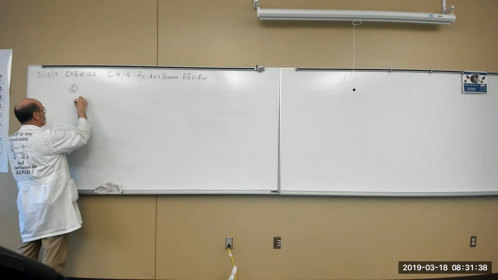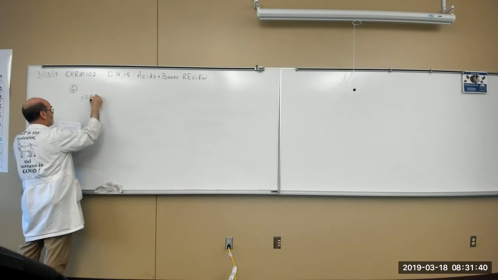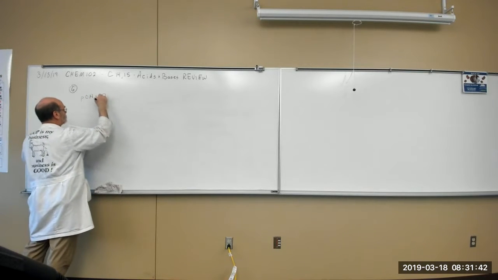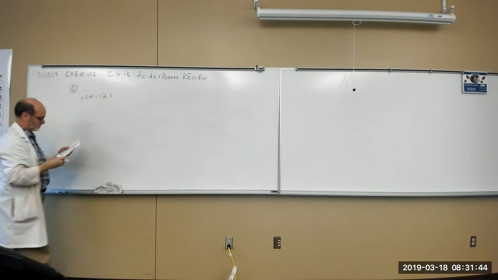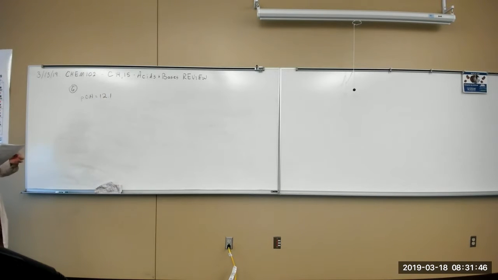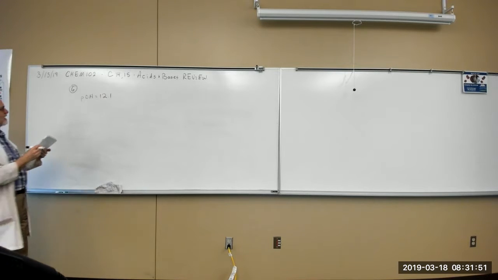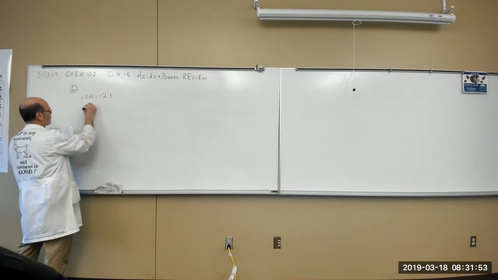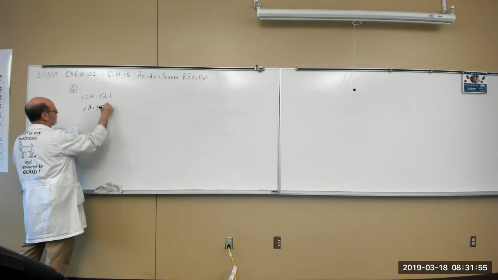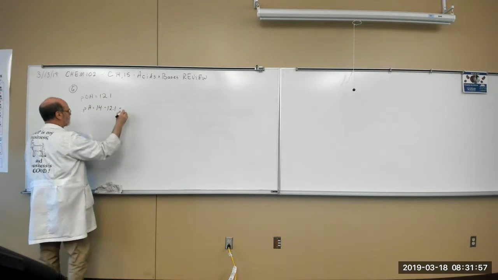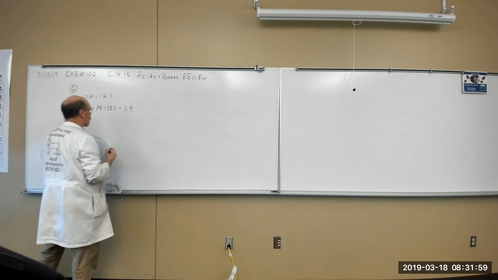If the pOH is 12.1, what can we say about it? Very acidic. Exactly right. Because pH equals 14 minus 12.1, which is 1.9.